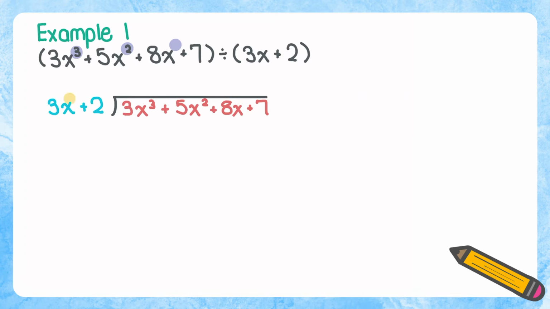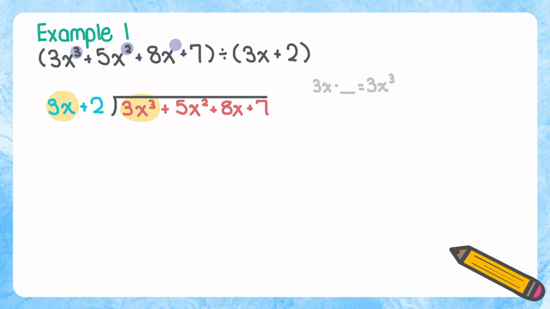Right, so I'm going to focus on the first terms of both the divisor and the dividend. So in this case, the 3x and the 3x cubed. And next, I ask myself, 3x times what would equal 3x cubed? What would go in the blank for this equation to work out?